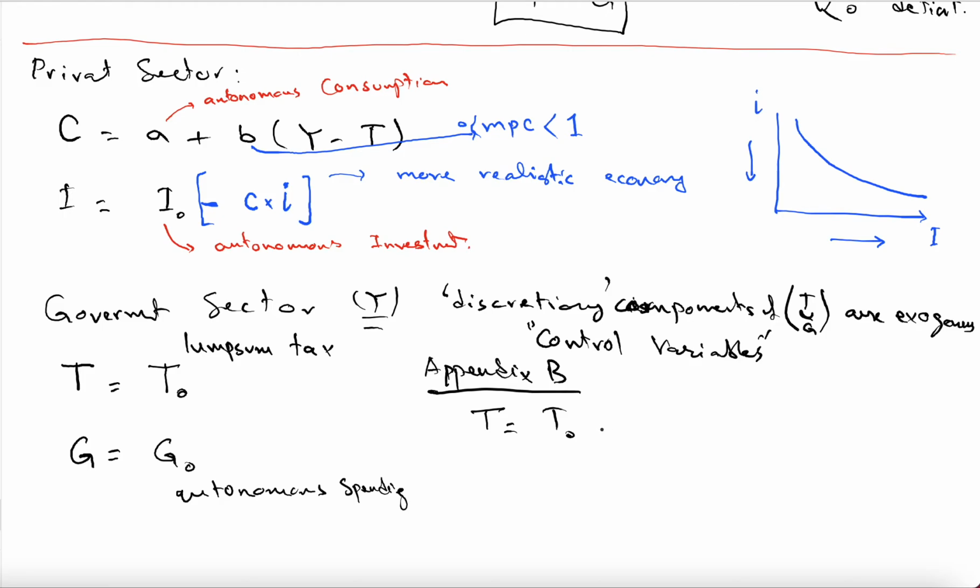But non-discretionary means there is a portion which is autonomous, the lump sum, plus a tax rate multiplied by the income level. So it's proportional, might be like 5% of everyone's income or 10% of everyone's income.